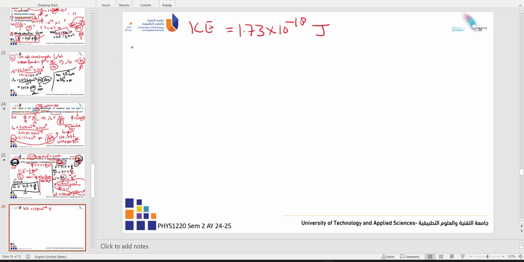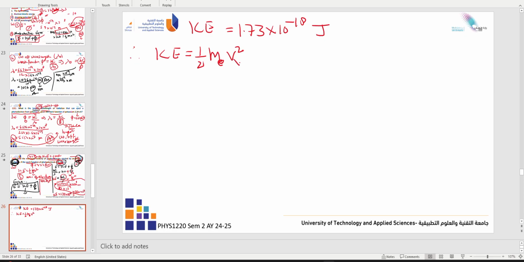So I know the formula for the kinetic energy, which is kinetic energy equals half m v squared, and this is the mass of the electron, and this is the velocity of the electron.